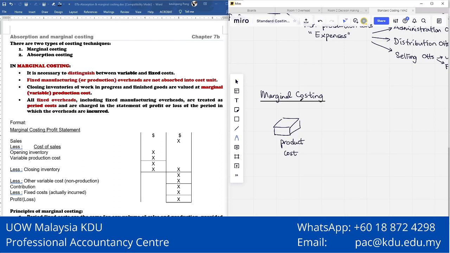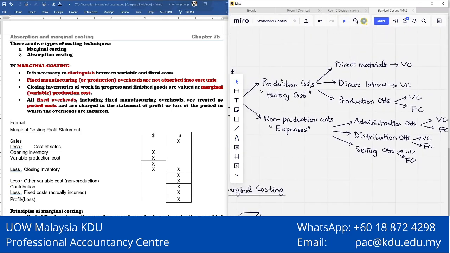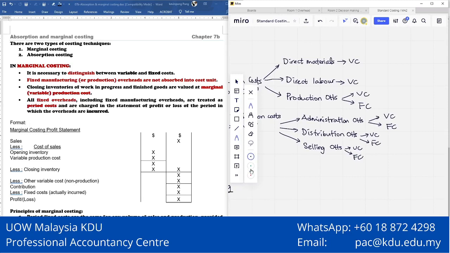Under marginal costing, the product cost will only be valued at variable production cost. See here, closing inventories, our inventory of work in progress and of finished goods, all have to be valued at marginal. Marginal is variable. Variable production cost, we can also call it marginal production cost. Look at this diagram: production cost, but variable. Variable production. That means I use this color.